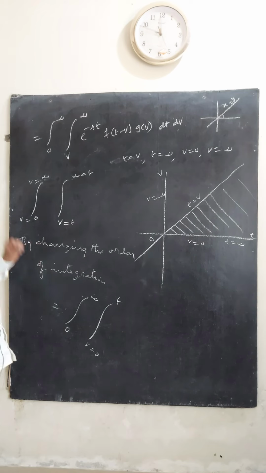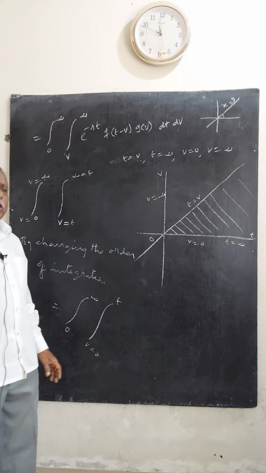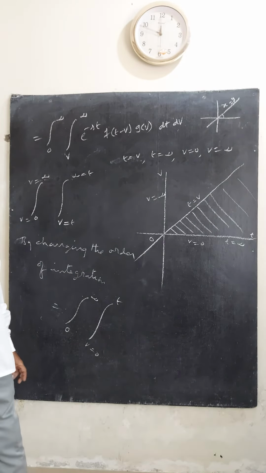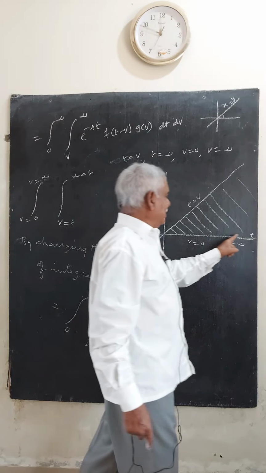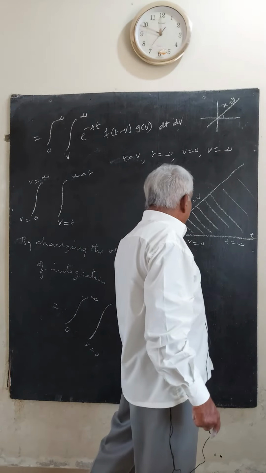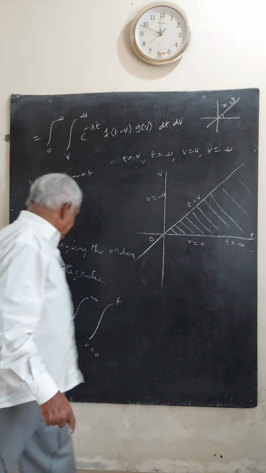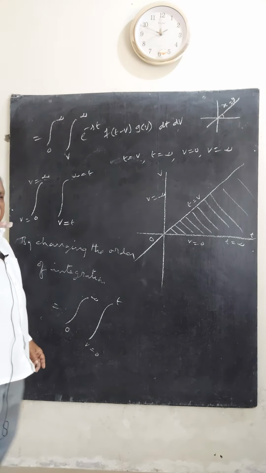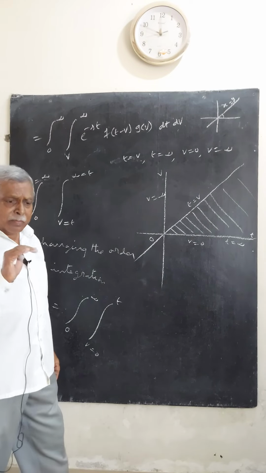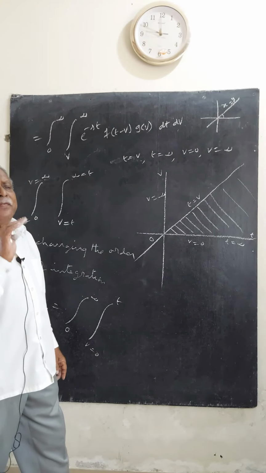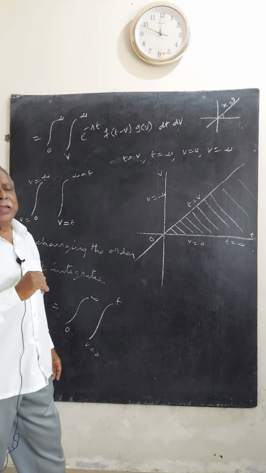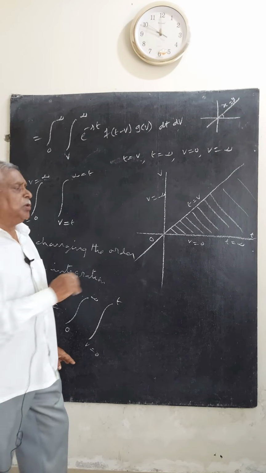Again, we have changed the order. In changing the order of integration, one variable moves in the axis. This is the axis. In this shaded region, t is 0 to infinity. Another variable is bottom to top. This is the easy way of changing the order of integration.